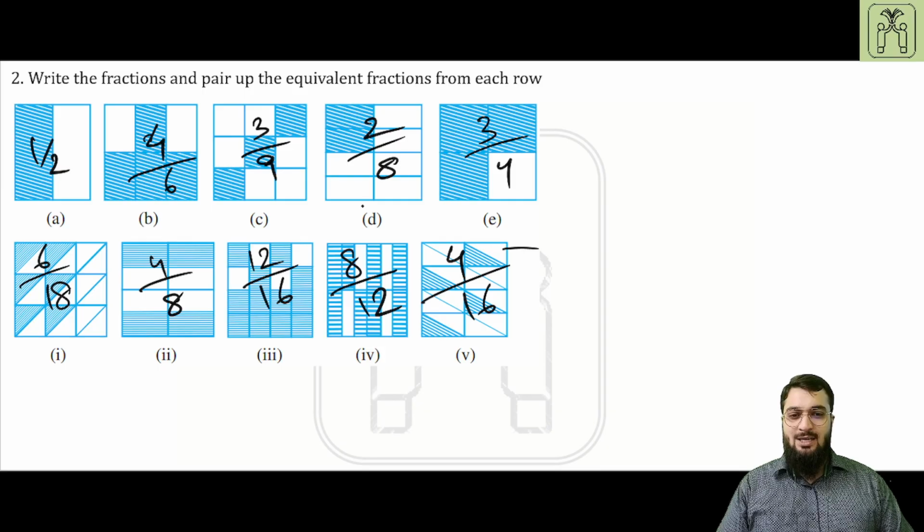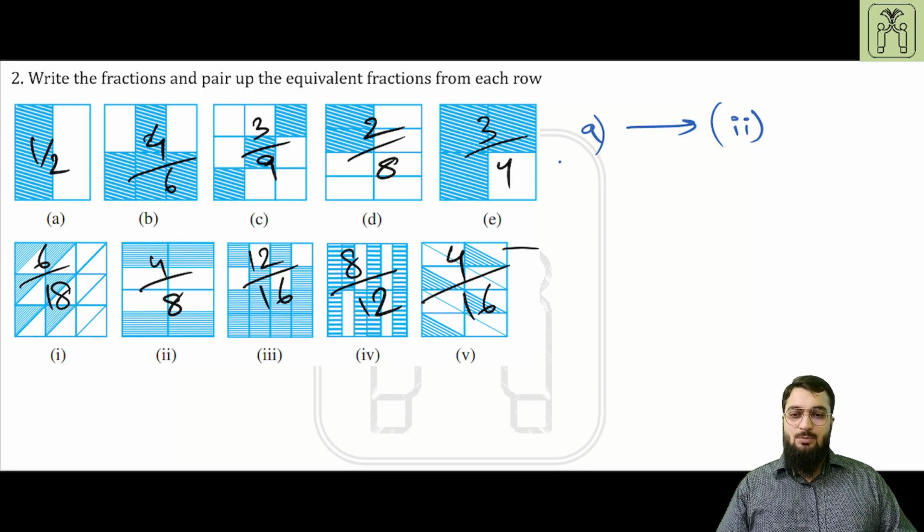So we have to just compare the equivalent ones or write it down. So 1 upon 2 will be equivalent to 4 upon 8, that is part 2.